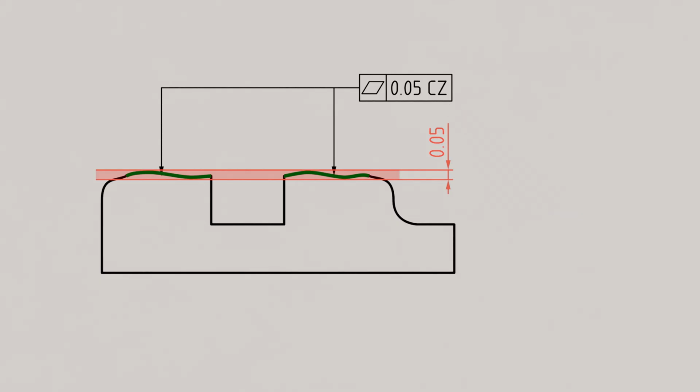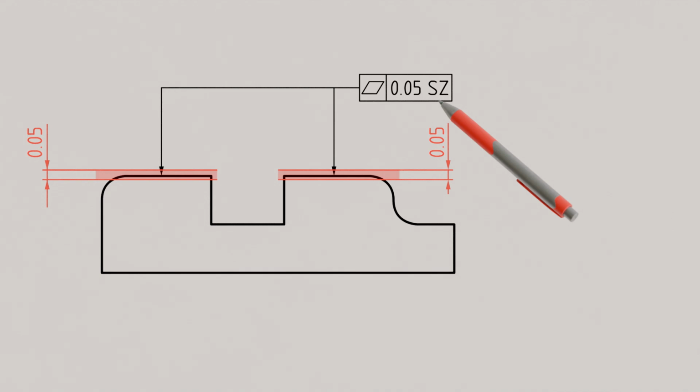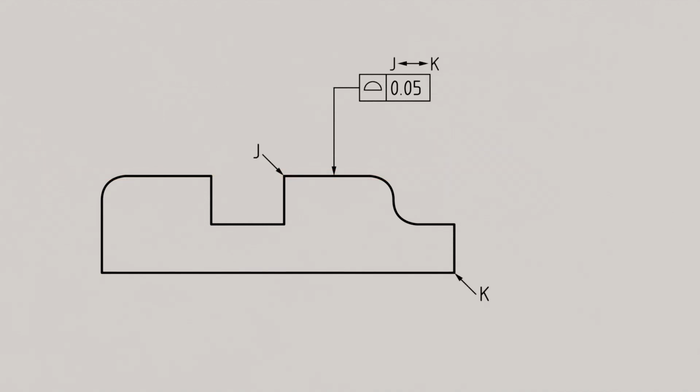So note, by default, each tolerated geometric feature receives its own independent tolerance zone, unless the CZ modifier is specified. However, to explicitly indicate in some cases that separate independent tolerance zones are intended, the separate zone modifier SZ is used.